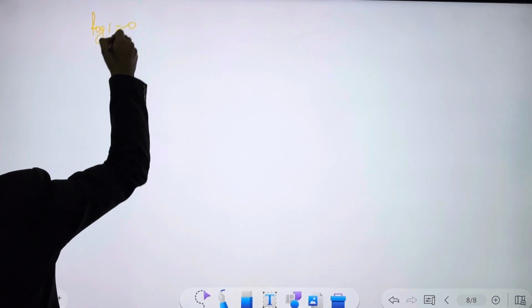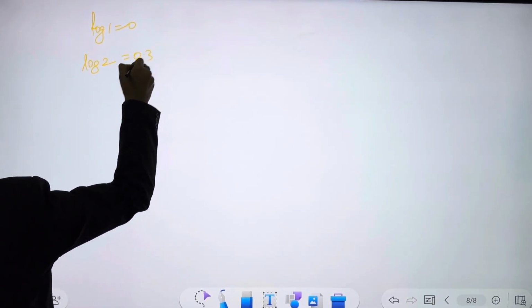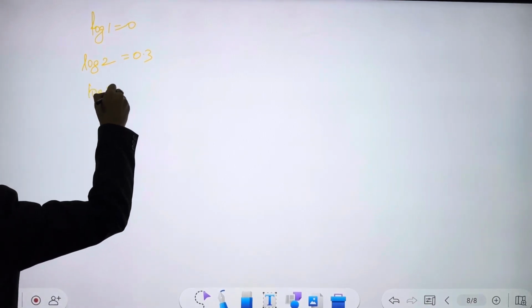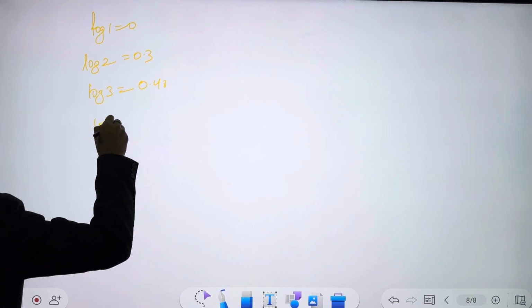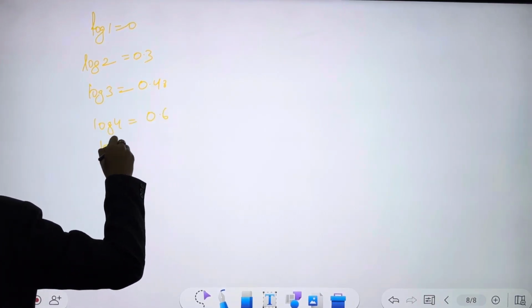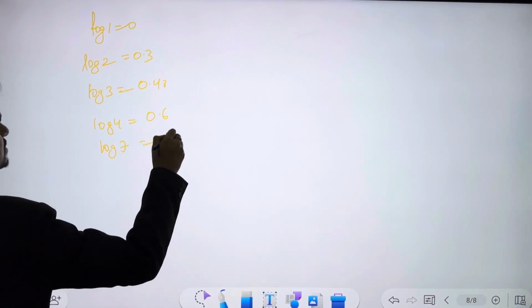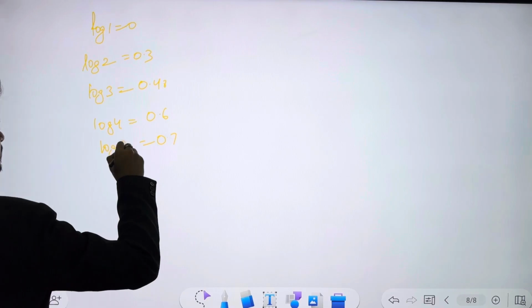What was the value of log 1, guys? Log 1 was 0. Log 2 was 0.3. Log 3 was 0.48. Log 4 was 0.6. Log 5 was 0.7.